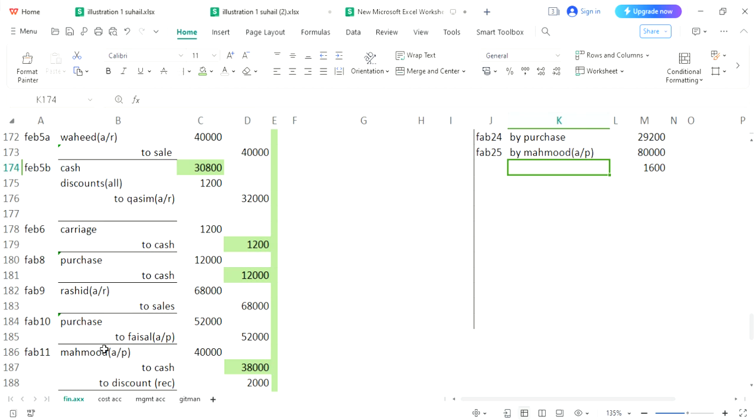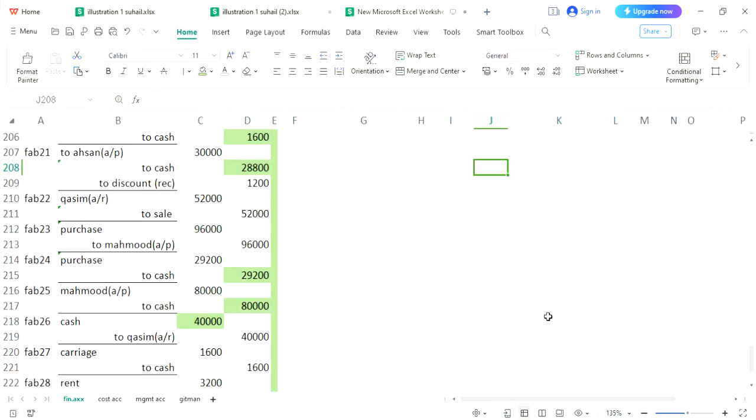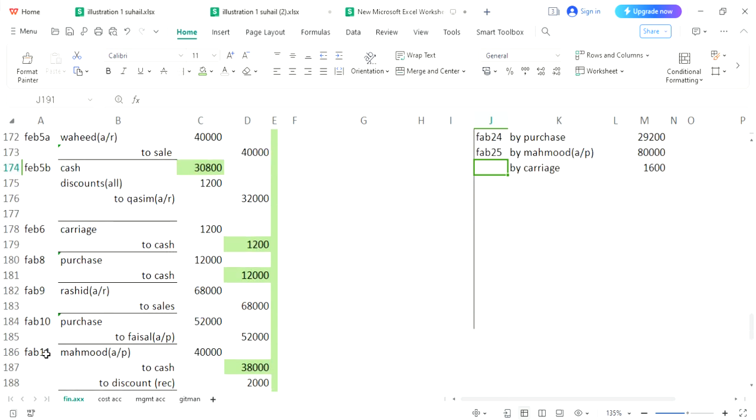So put carriage over here. Alright, carriage you have written as reference. This 1600 has been posted, February 27 is the date. Put the date over here. This way date is mentioned, reference is given, and amount has been posted.